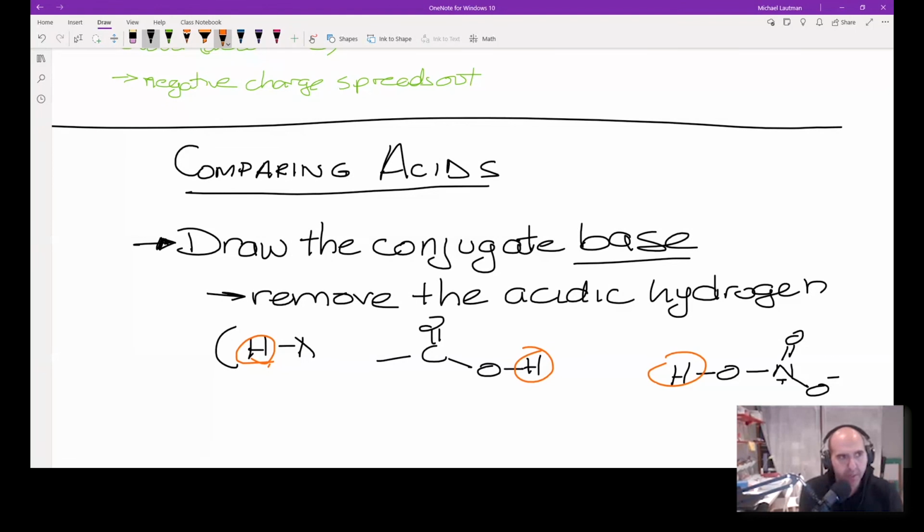Those are three really good examples of why we always want to be analyzing the conjugate base.